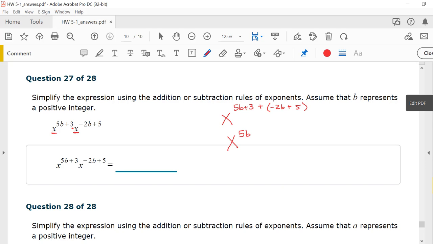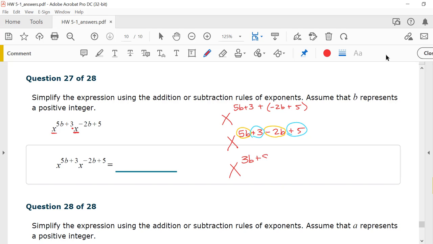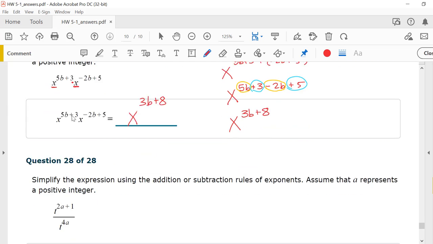So that's the same as x to the 5b plus 3 minus 2b plus 5. So that's x to the, let's do like terms, 5b minus 2b is 3b. And then I have plus 3 plus 5, which is plus 8. My answer is x to the 3b plus 8.